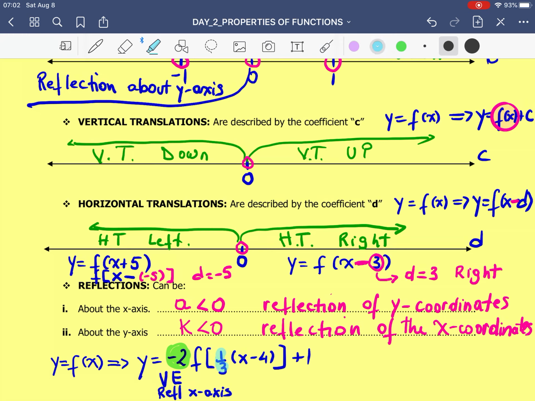The next one is the coefficient k, 1/3. That would be a horizontal expansion 3 times wider. No reflections because k is positive. The next one is d of positive 4. So we're going to say that's a horizontal translation to the right, 4.